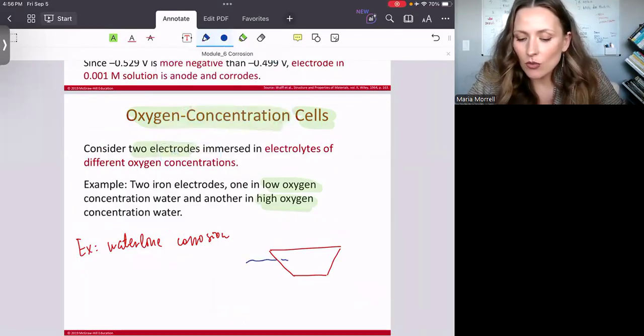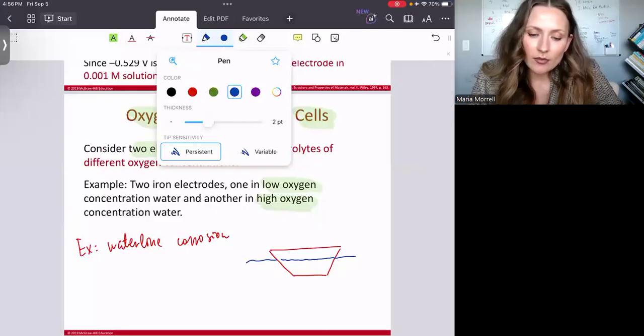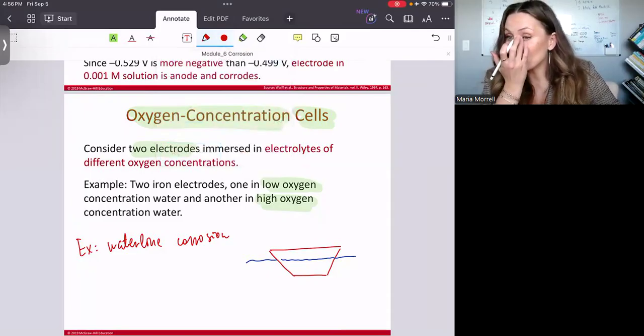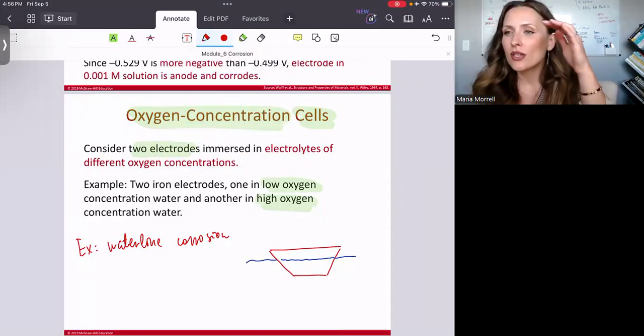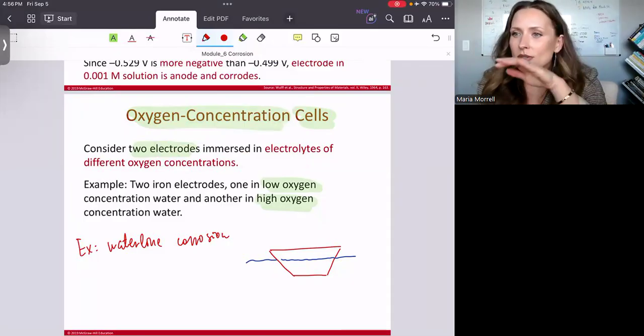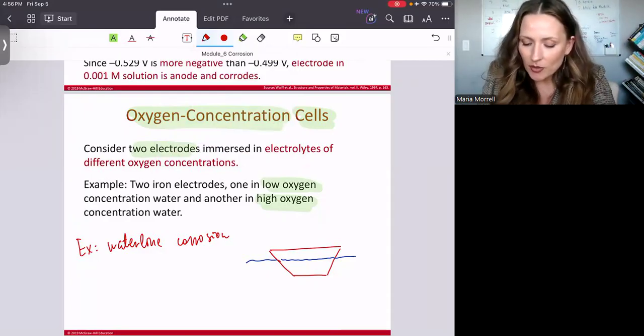I have to use a red color, because I'm trying to show you the rust. If you think about the boat, you will notice, yeah, that's true. I always see it. There's a specific line of corrosion. And guys, where does it happen? It's going to happen right here, right underneath.